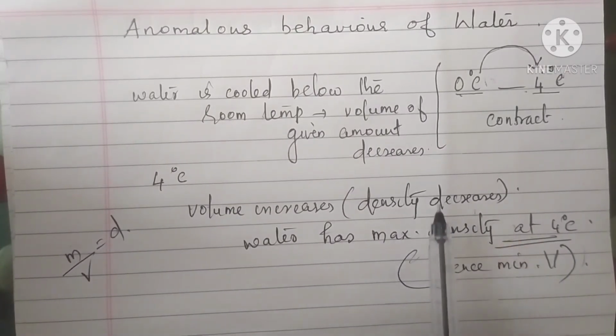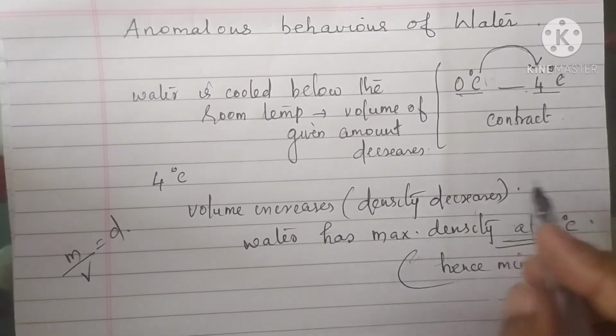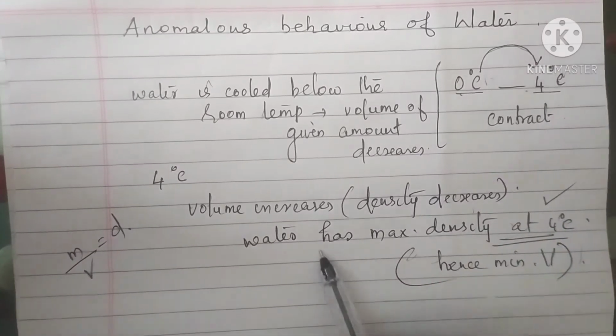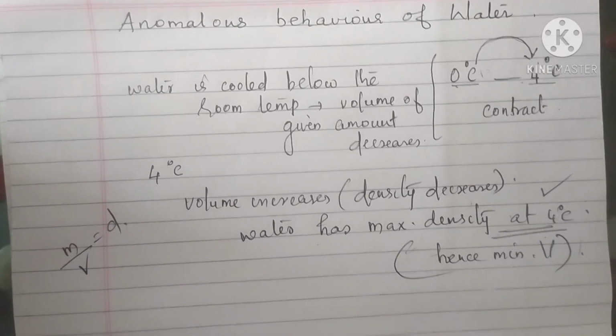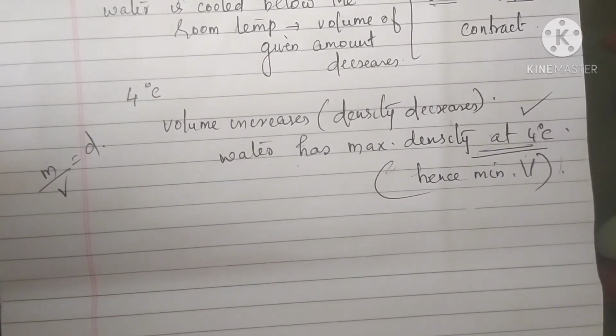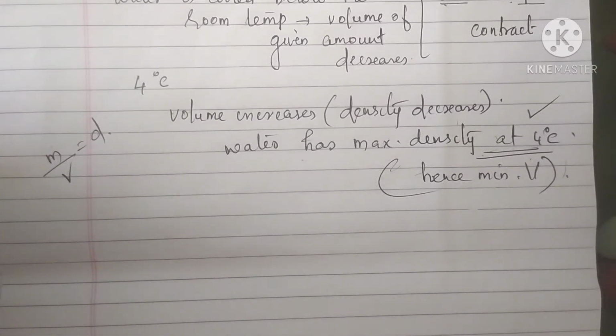So it is clear that water has maximum density at 4 degrees Celsius. Clear?